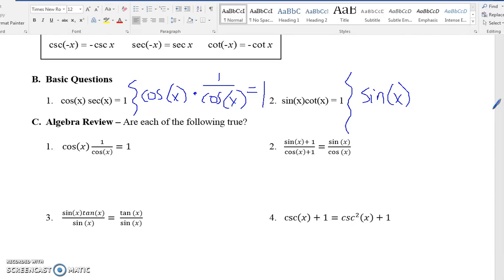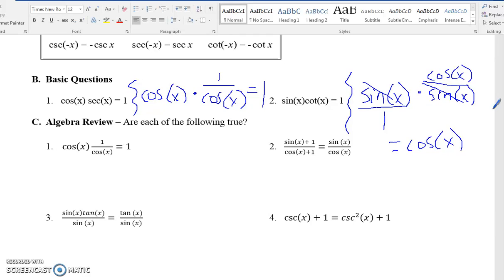And then cotangent of x, if I look at the formulas I have in that top box, the ones that we talked about already, cotangent of x is just cosine of x, cosine of theta maybe in the formula, but again, x and theta mean the same thing. It's cosine of theta over sine of theta, or in this case, sine of x. And again, this is like having, in the first part, sine of x over 1. So these things just cancel off, and in the end, I'm left with a cosine of x.